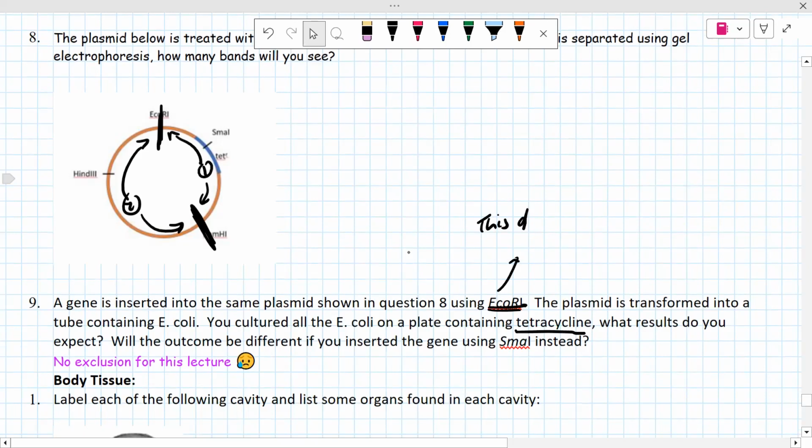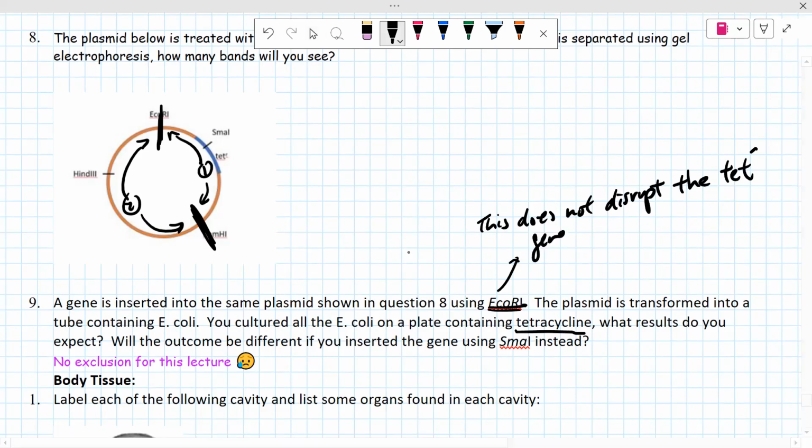This does not disrupt the TetR gene in the plasmid. If it does not disrupt the tetracycline resistance gene in the plasmid, then any bacteria that has accepted the plasmid is going to have tetracycline resistance.